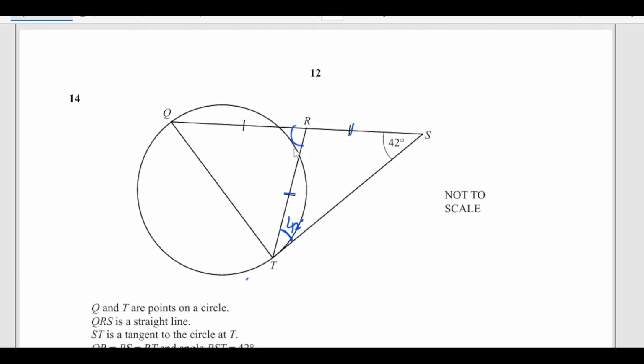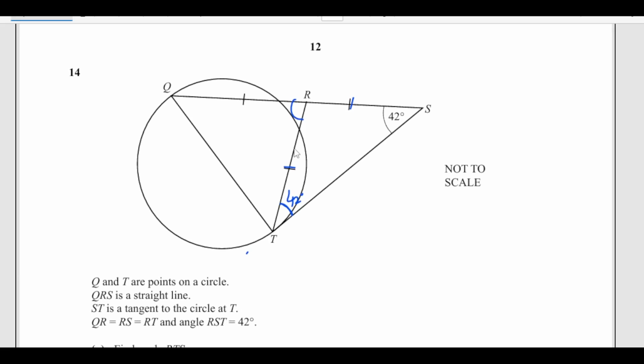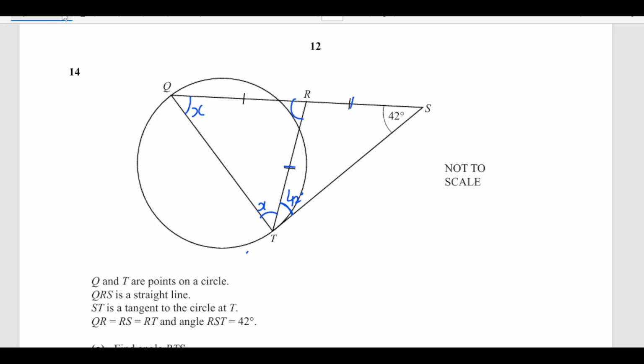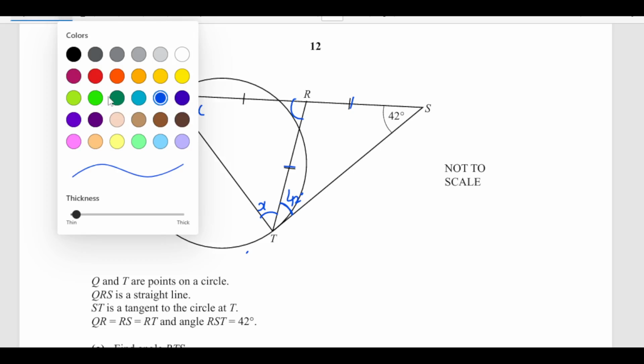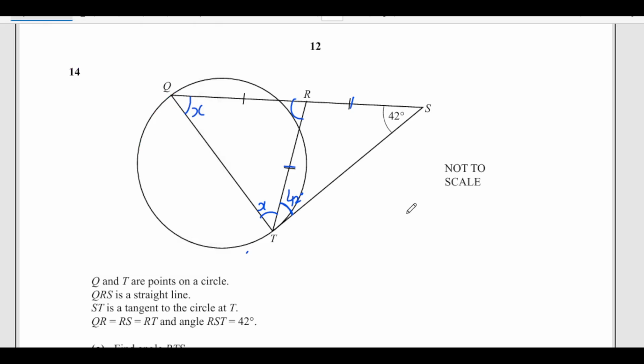So again, we can use the concept of equal sides. This is an equal side, so the angles opposite will also be equal. This is x, this is going to be x again. So now in this triangle, if we see this angle, we can find out this angle here.